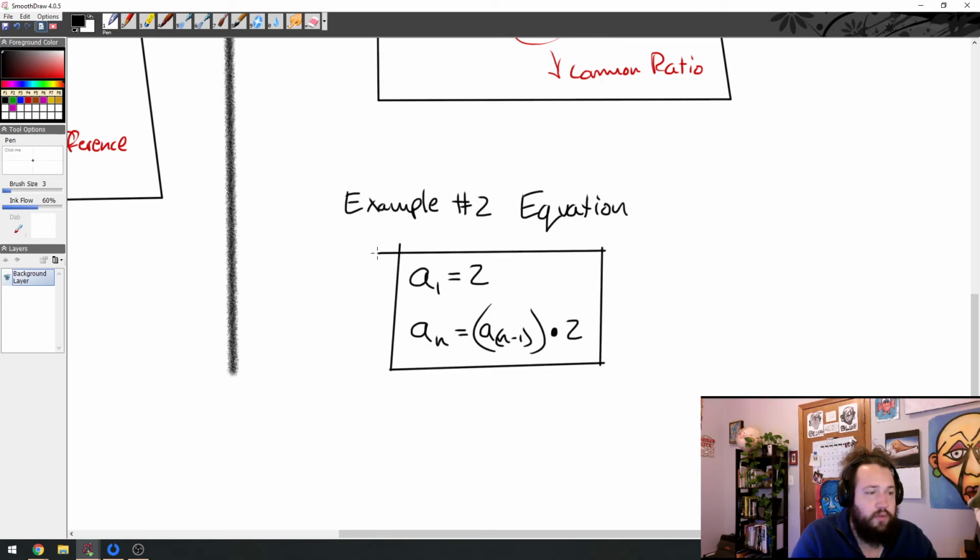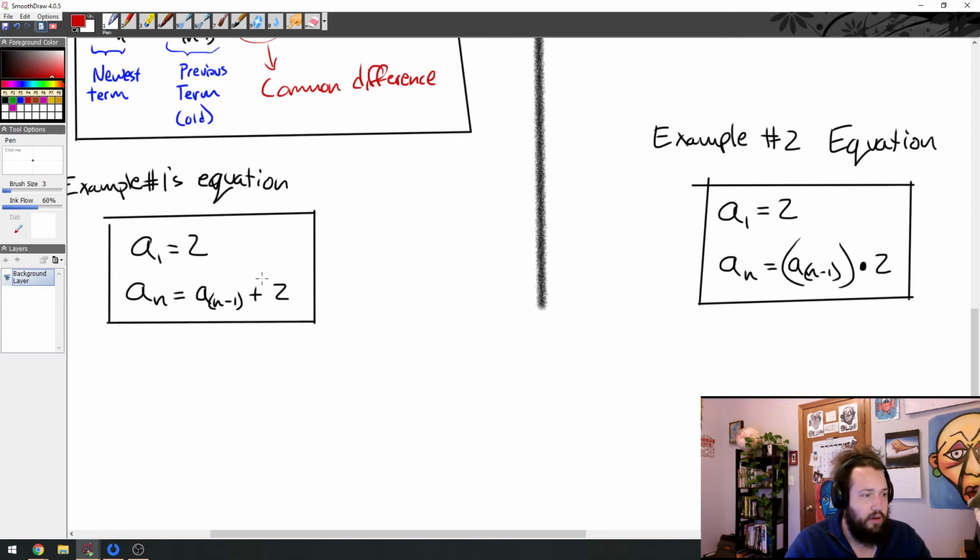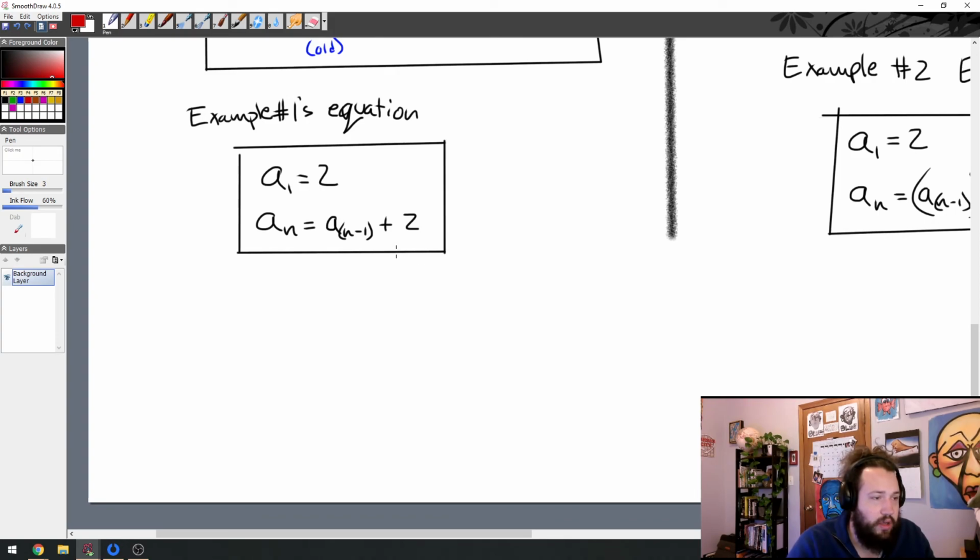So really the only difference between an arithmetic and geometric sequence is that here I am adding 2 and here I am multiplying by 2. So we need to remember that our geometric sequences are the ones that are multiplying, and our arithmetic sequences are the ones adding. I'll make one last hint. Arithmetic adds the common difference.